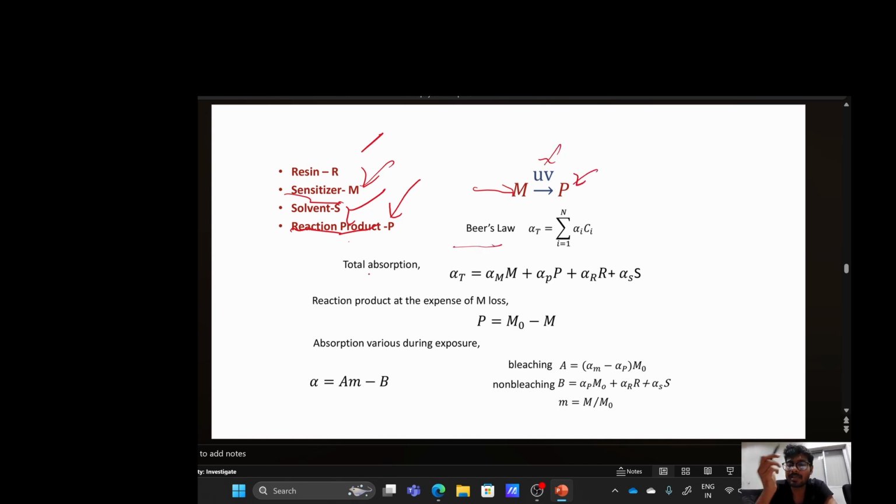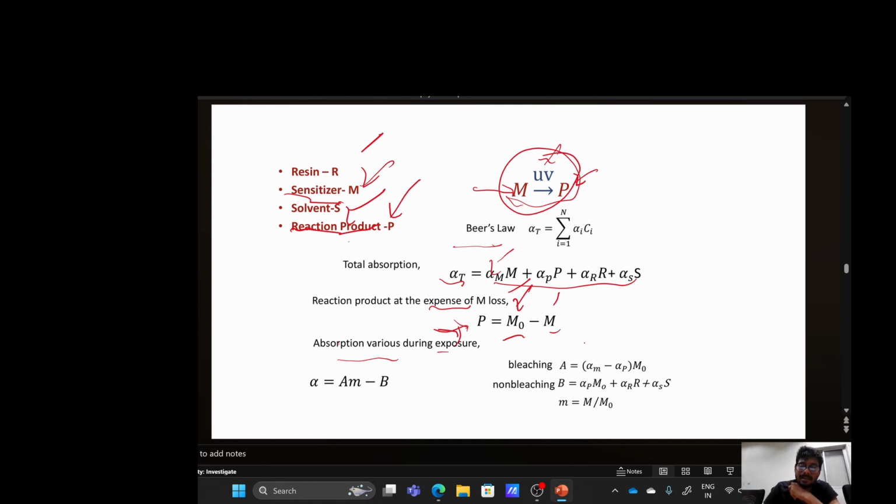So according to the Beer-Lambert law, the total absorption alpha T is equal to alpha M M and so on. So this is the total absorption of the light in that thin film. The reaction product is there at the expense of the material M. So if M is converted to P, with initial concentration M naught, then P is equal to M naught minus M. And there is a change in absorption during exposure.